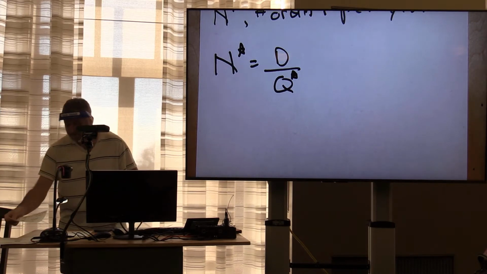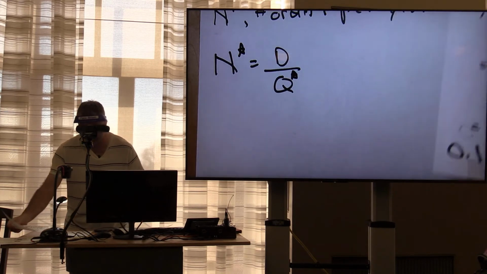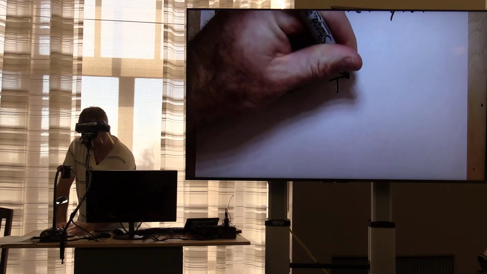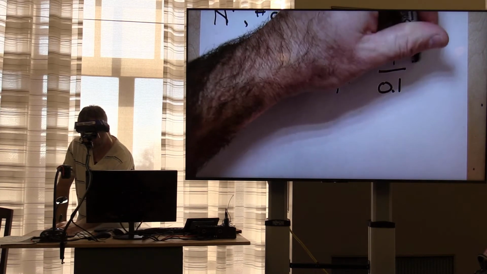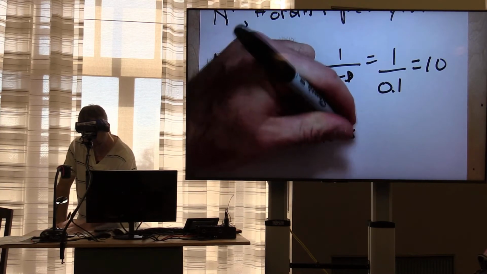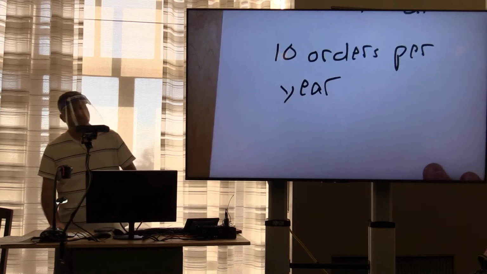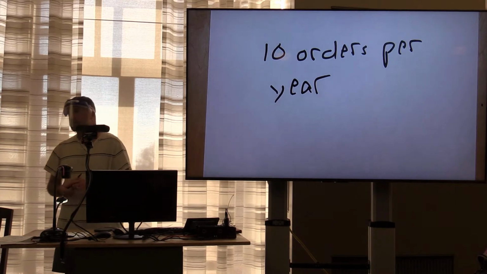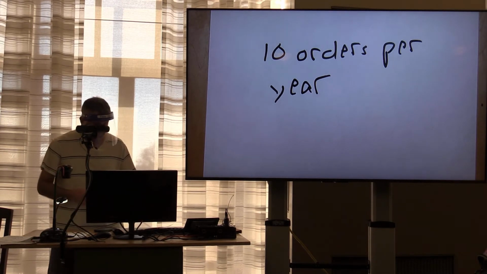And we also said that T star was Q divided by D, and so N star is also 1 divided by T star. So if we're placing a new order every time 10% of a year goes by, then logically we're doing 10 orders per year.